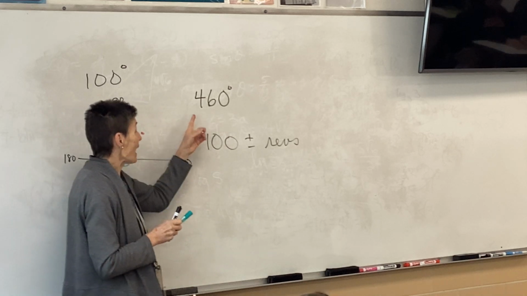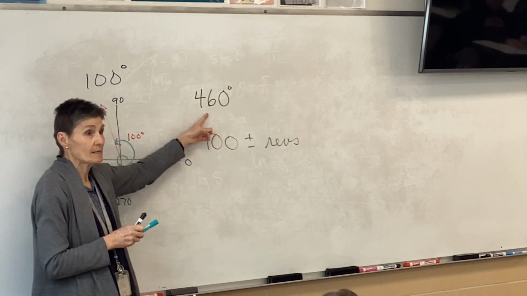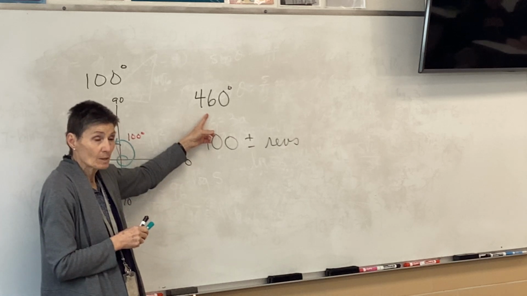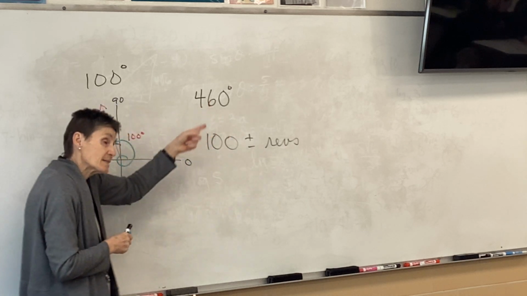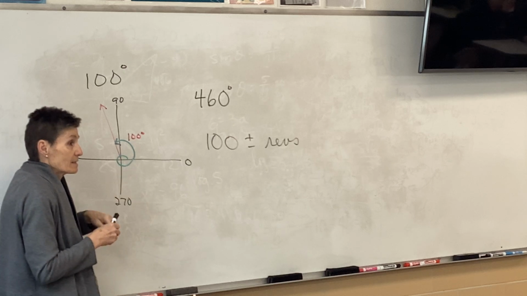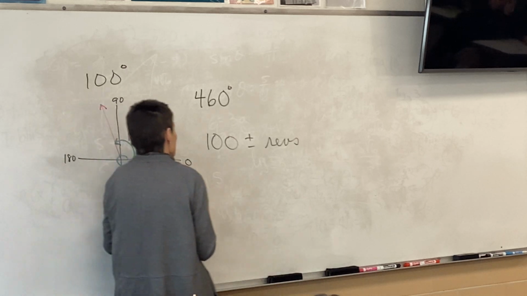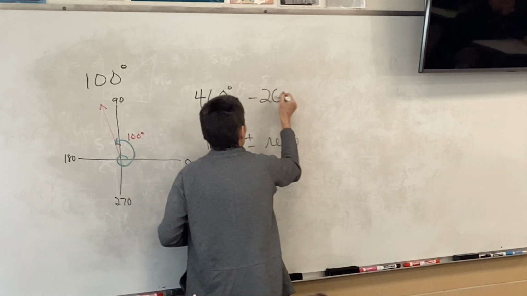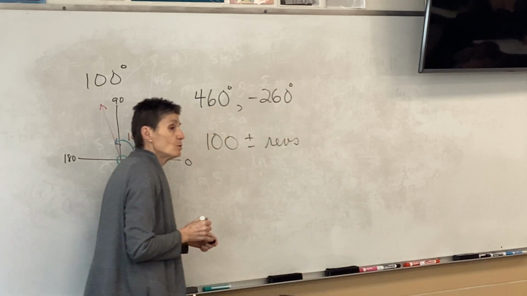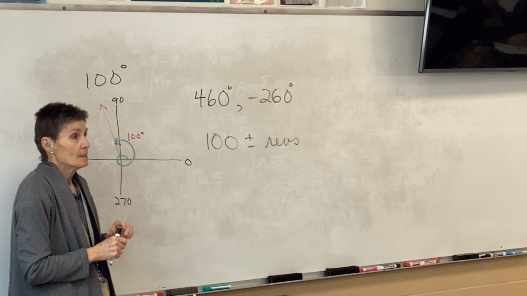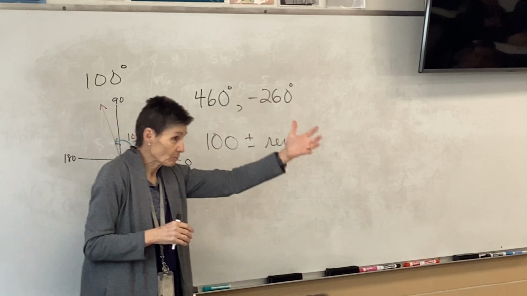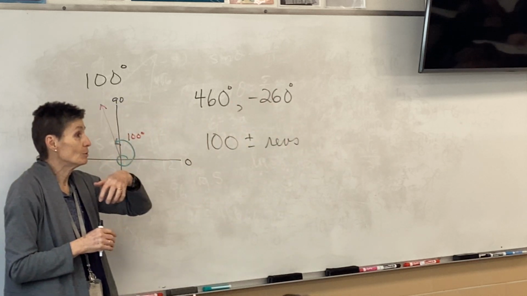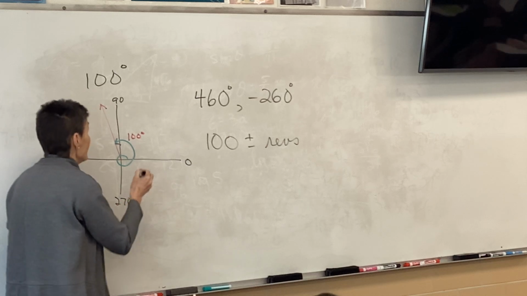So I added 360 and got 460. What would I get if I subtracted 360? Negative 260. To find coterminal angles, positive, you add 360, negative, you subtract 360.